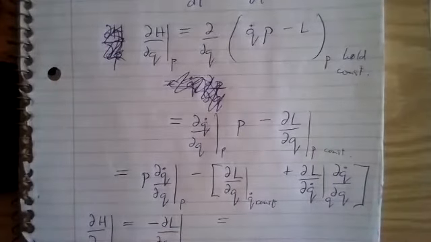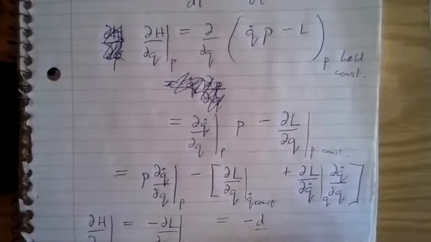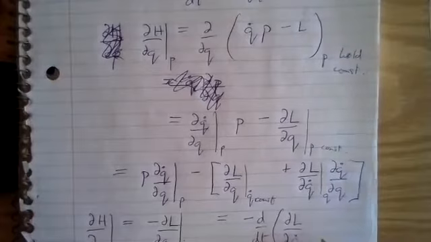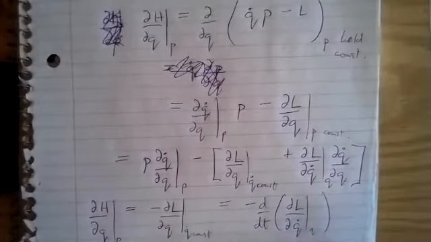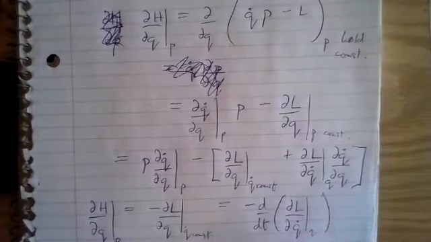And this, from the Euler-Lagrange equations, we know is minus d by dt of partial L partial q dot holding q constant, which is minus, I mean, the term inside here is just the momentum, so this is just minus p dot.